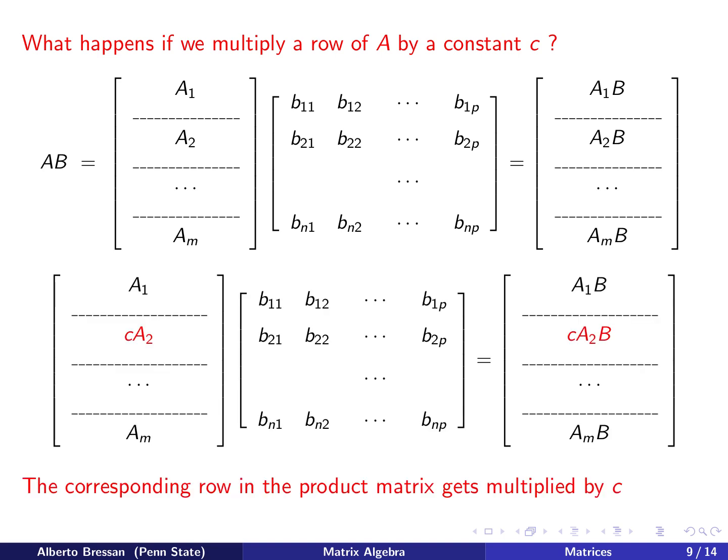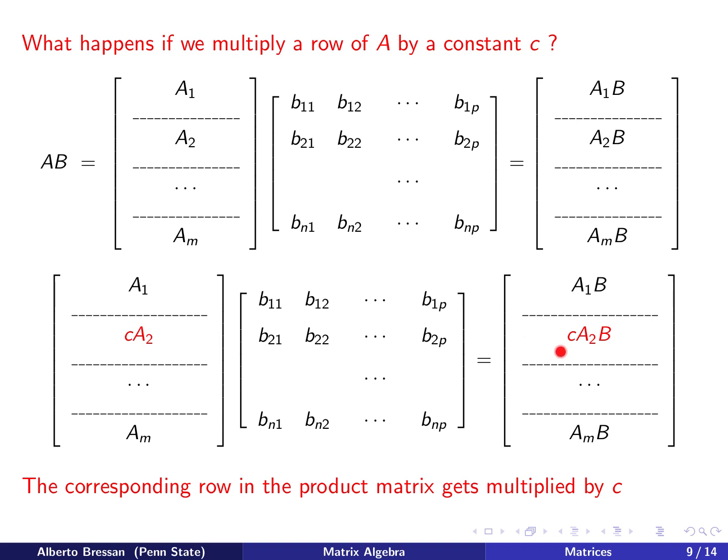And then if in the A matrix I pick up row 2 and multiply it by a constant C, what happens to the final product? Well, by this observation, all the other row vectors will be the same.